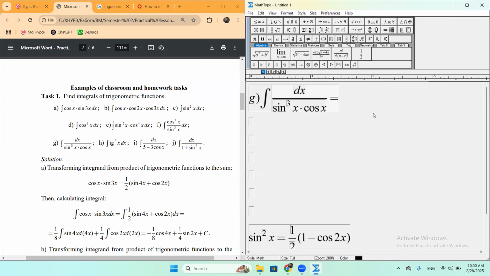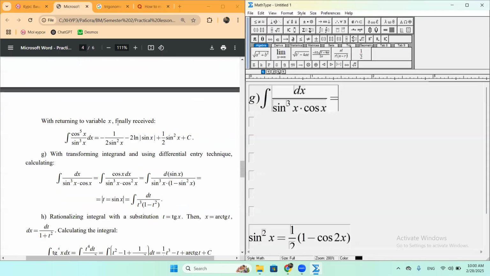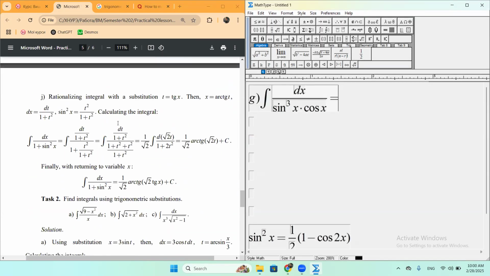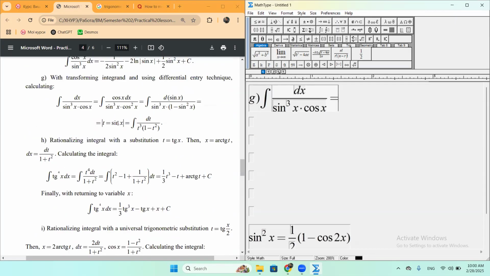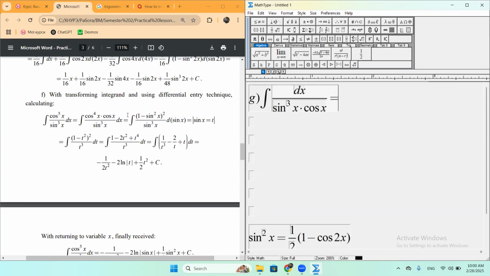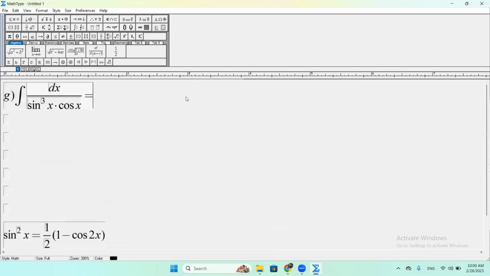So again, doing the same stuff as we did before. So I will multiply and divide by cosine, or maybe here is an easier solution. Let me check. Okay, so using differential entry technique, we will finish on our own.